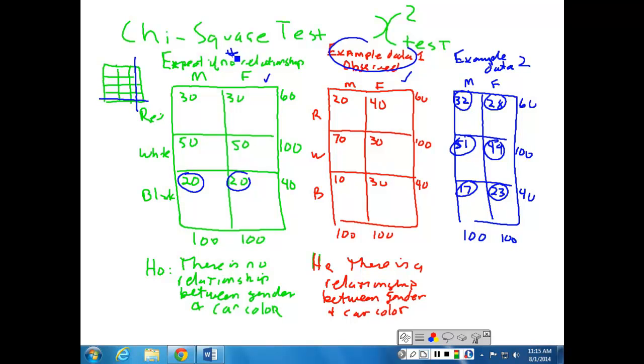If it's far away, we conclude there's a relationship. And again, these are pretty far away from that. 20 and 40, pretty far away from 30 and 30. So we think there's a relationship. And again, over here too, we compare the numbers here to what we would expect if there's no relationship, if there's no effect.